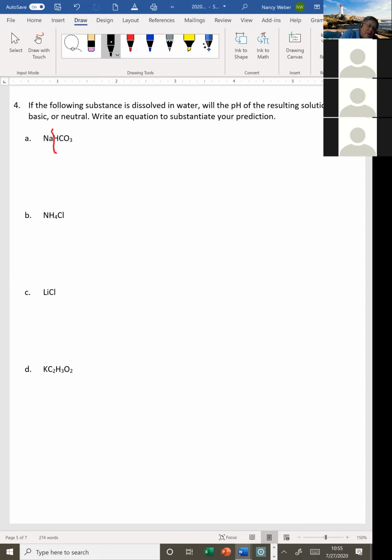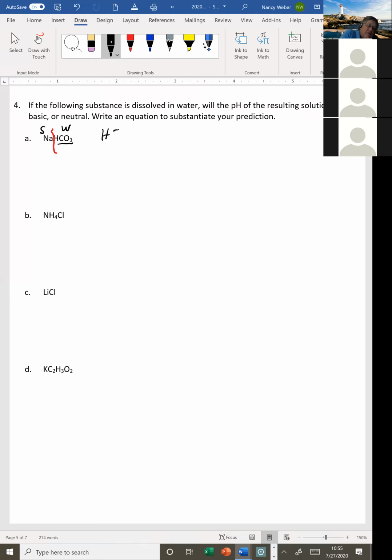Anything else is weak. So this is strong. Now the bicarbonate, HCO3, is that strong or weak? Okay, weak. So that means there will be hydrolysis with the bicarbonate.